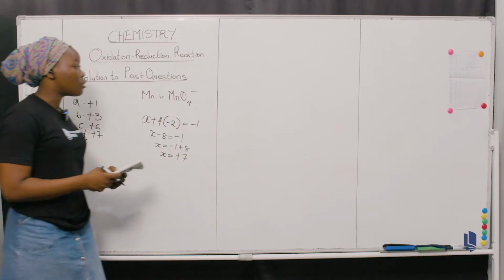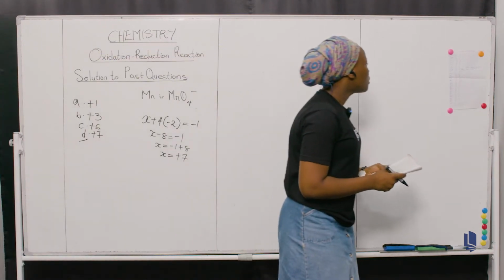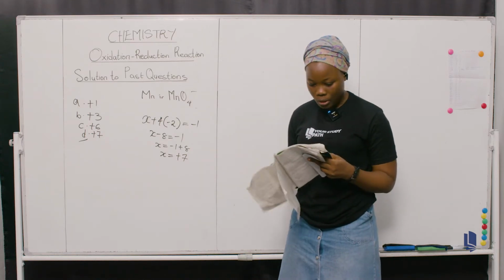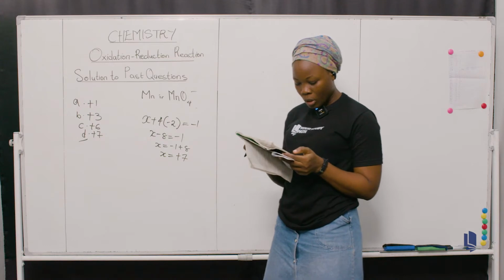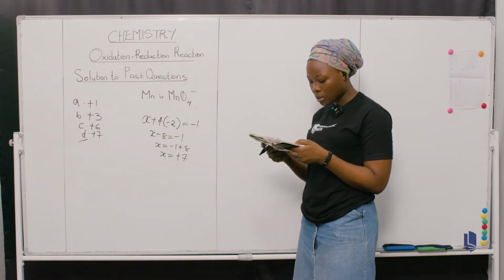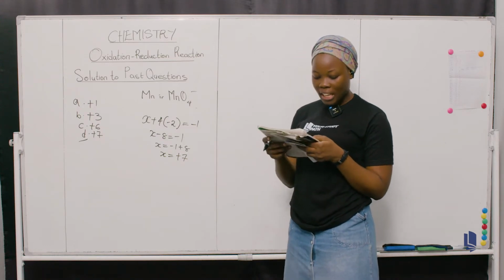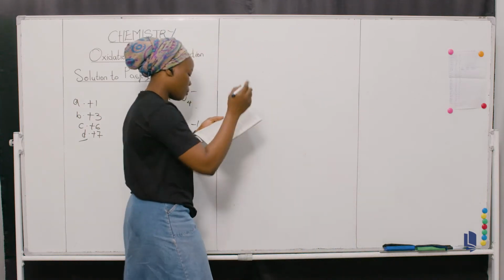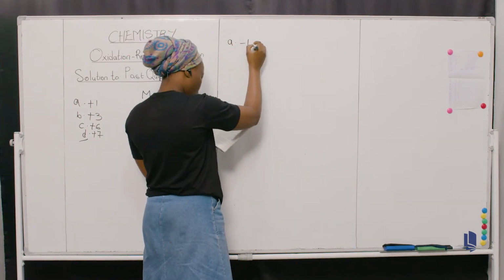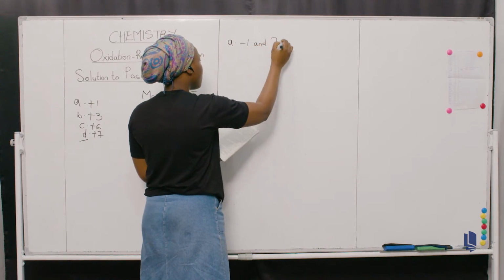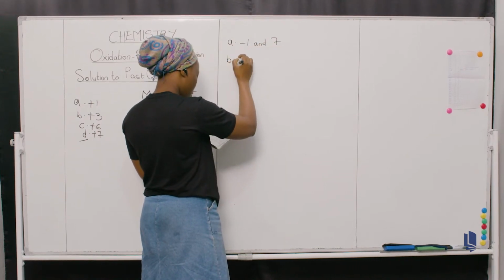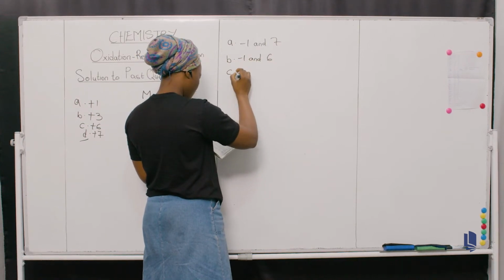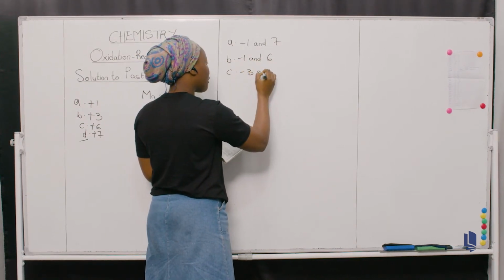Let's attempt another question. 2020 question 8. What are the possible oxidation numbers of an element if its atomic number is 17? Option A, -1 and 7. B, -1 and 6. C, -3 and 5.